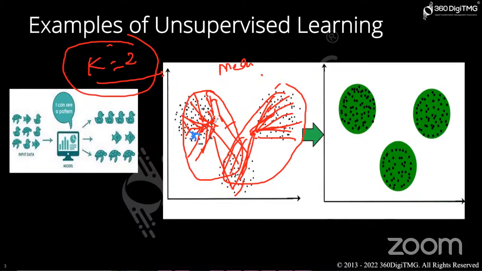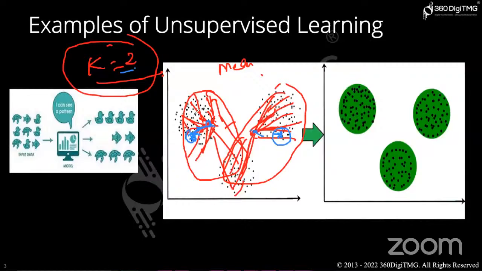In that case, this centroid will move from its previous place to this place. Previously, these were random values. Wherever you have given k equal to, random centroids will be formed. Right after forming the clusters, it will calculate the mean of that cluster and move the centroid to the new position.